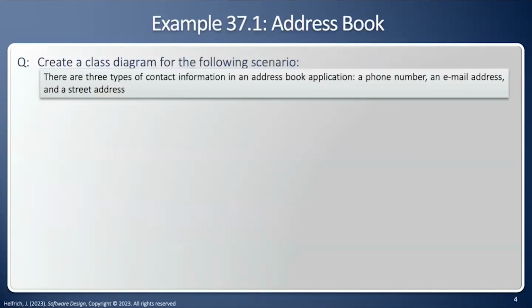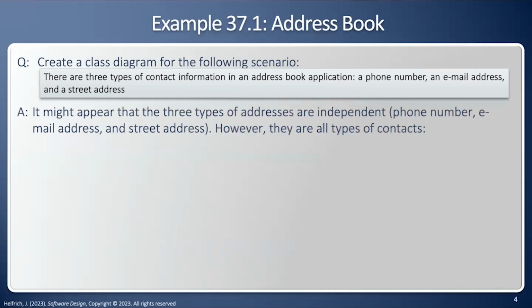Let's take a look at an example here. There are three types of contact information in an address book application: a phone number, an email address, and a street address. So it might appear there are three types of addresses that are independent. I can say I have a phone number, an email, and a street address. However, they are all types of contacts.